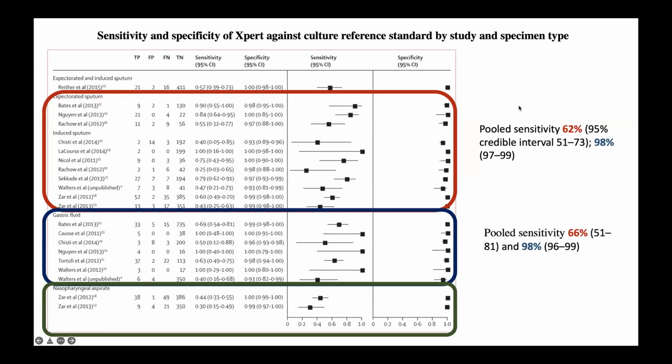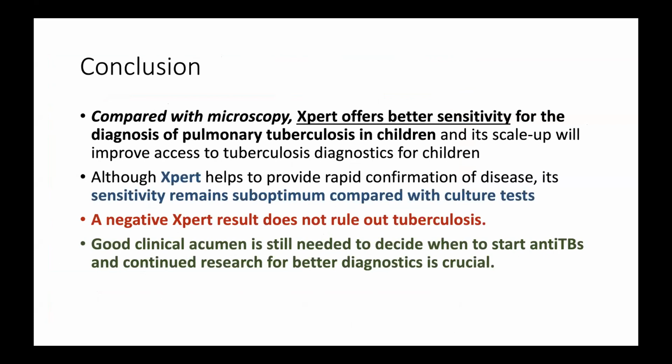So a pooled sensitivity of about 62%, not so good. And pooled here, sensitivity of about 66% for gastric fluid. So I'm comparing this sputum and gastric fluid, but not too far from each other. From this systematic review and meta-analysis, they did show that Xpert offers a better sensitivity, of course, if you compare that with microscopy.